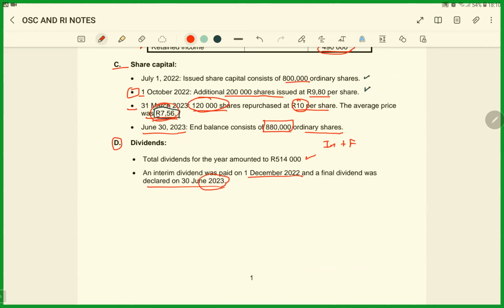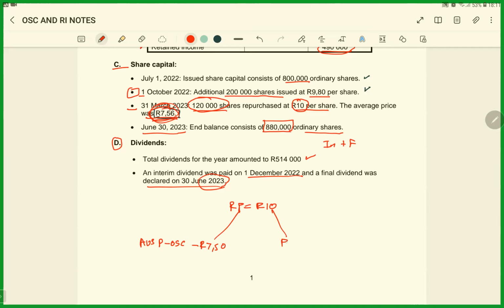Now what you have to do is calculate the price difference, the one that you are going to use to price your repurchased shares inside the retained income. Firstly, you have the repurchase price of 10 Rand per share. That will be paid in two ways. The first one is from the average share price, the ordinary share capital, which is 7 Rand 56.